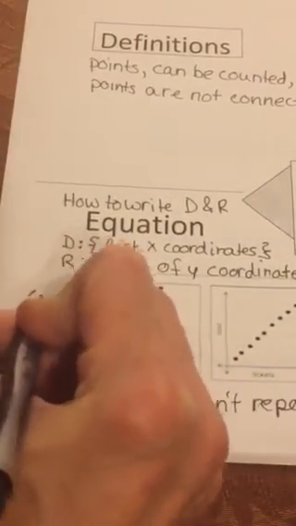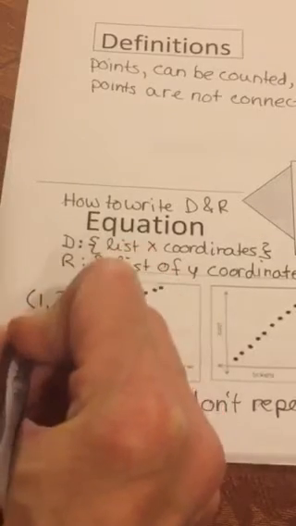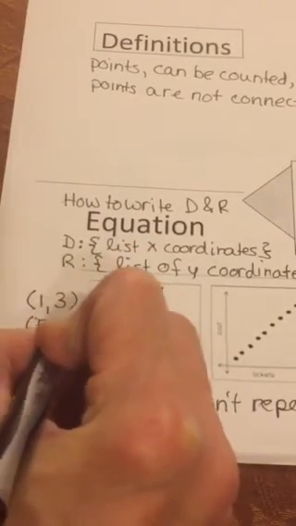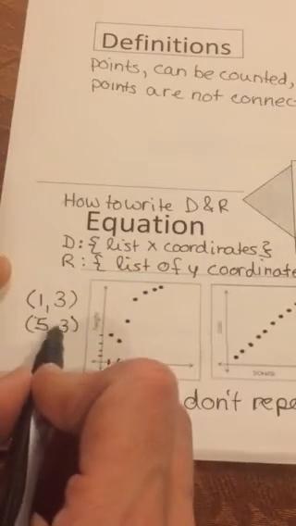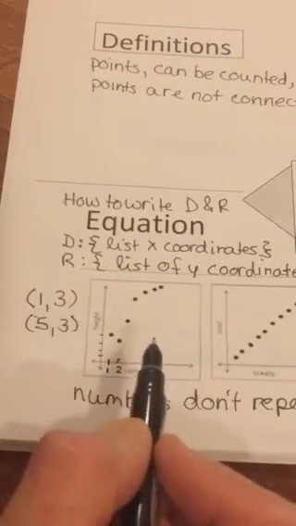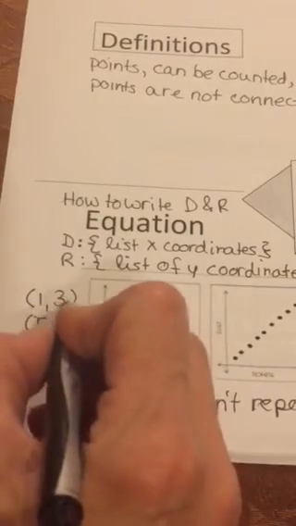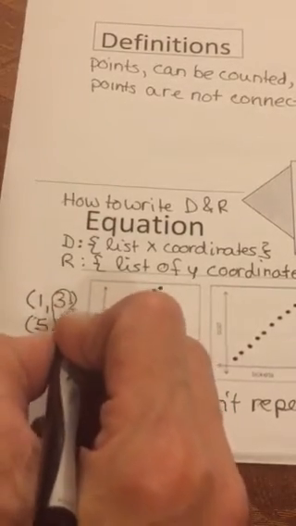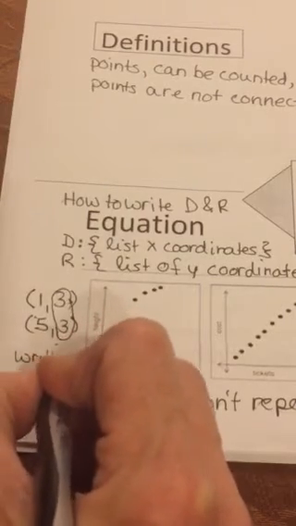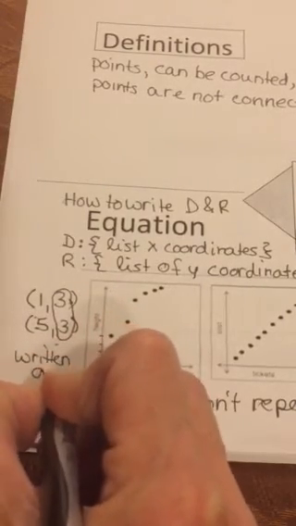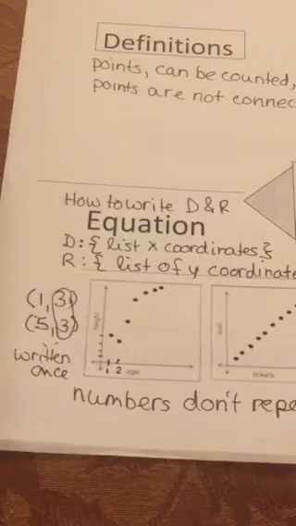Let's say you've got 1, 3, and 5, 3. So right here, the 3's are repeated, but you would only write it once. So this is only written once in the range. That's what I mean by numbers don't repeat.